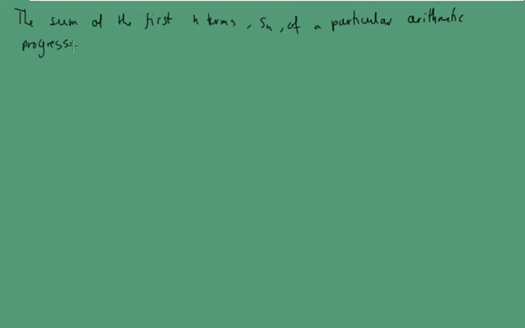One more example. The sum of the first n terms of a particular arithmetic progression is given by Sn equals 4n squared plus n.